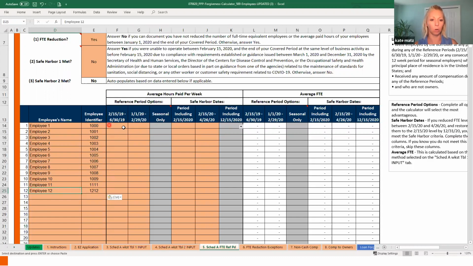Now, if you know that you had lower FTEs in one of these reference periods compared to the other, you can fill this out just for that reference period. But if you're not sure, fill it out for both, and the calculator will select for you the one that is most favorable. So in this case, we're not sure. So we're going to go ahead and put the hours in for both.